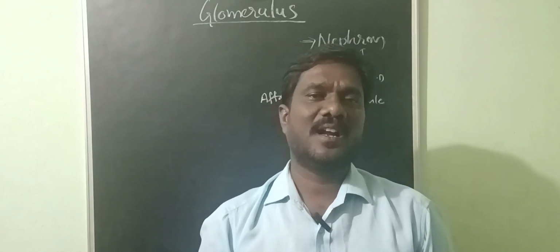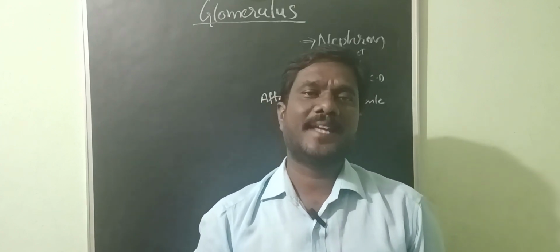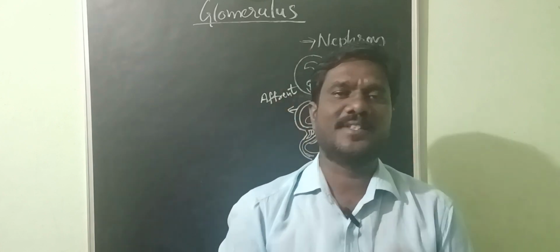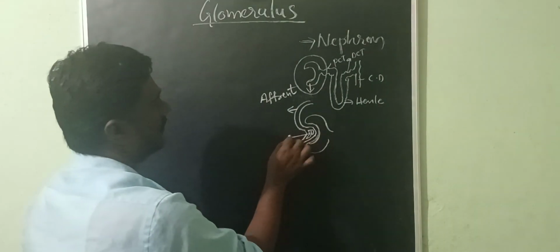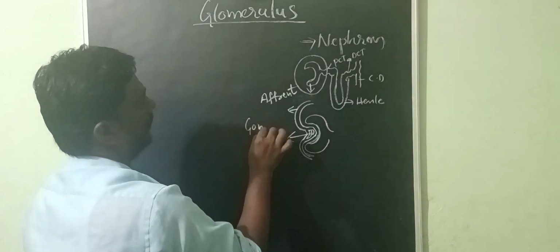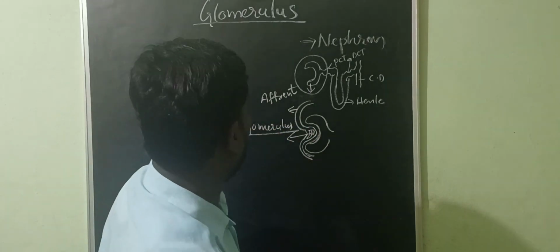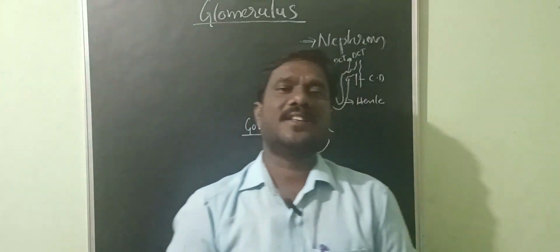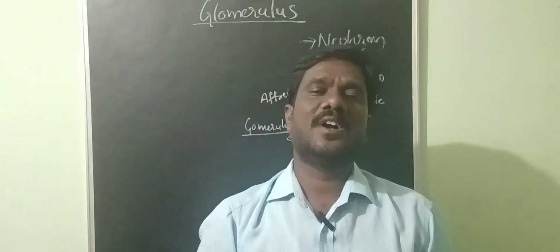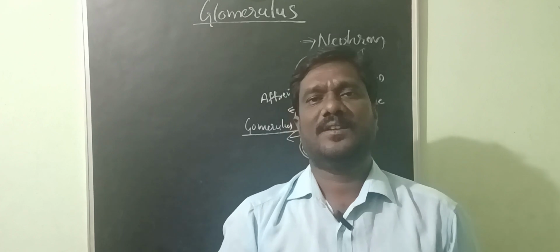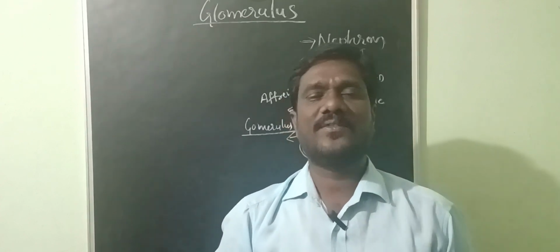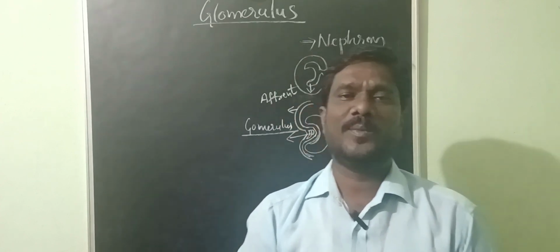That tuft of blood capillaries is named the glomerulus. This one is the glomerulus. Glomerulus means anastomosing units of blood capillaries.